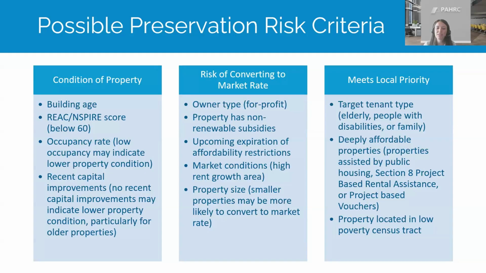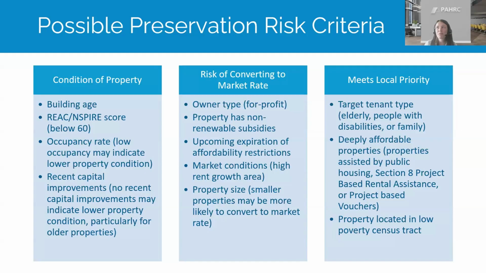You could also look at the risk of converting to market rate by examining characteristics such as the owner type, whether the property has renewable subsidies, faces upcoming affordability restrictions, is in a high rent growth area, or has other property characteristics associated with opt-out.